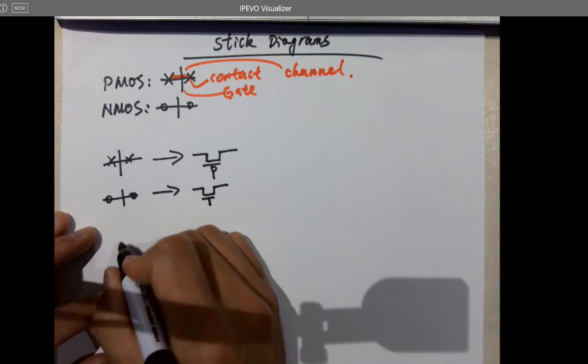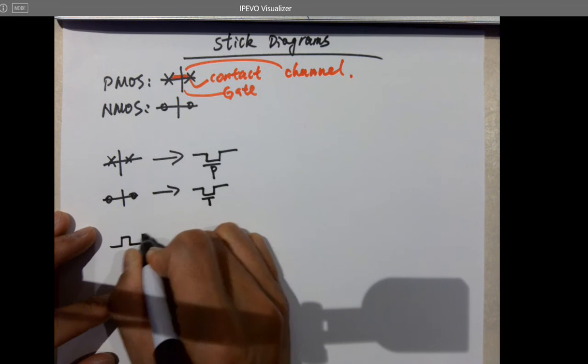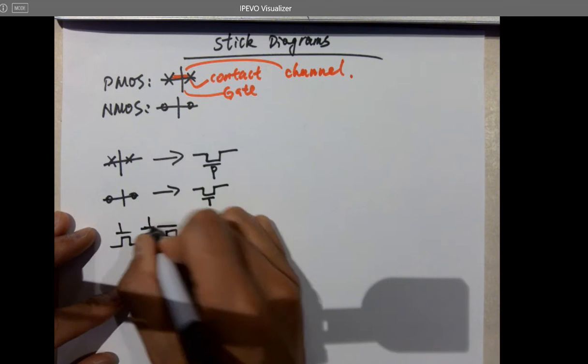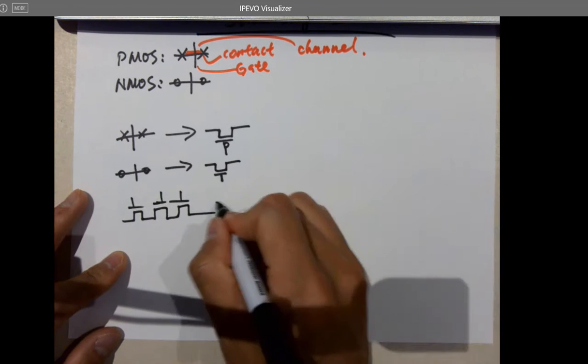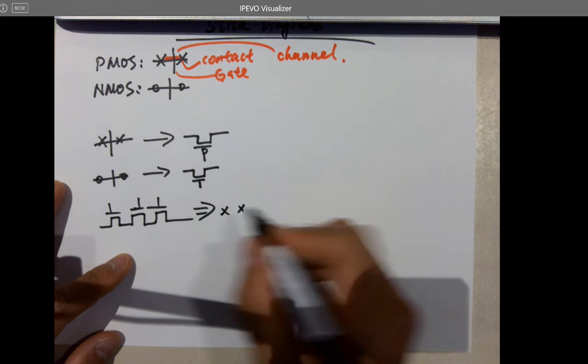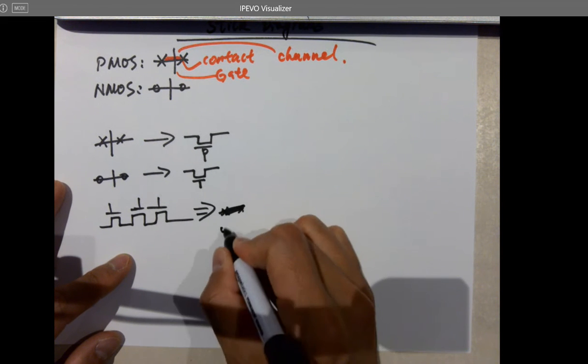So if I got 3 NMOSes in series, you can draw it as, that's wrong, that's PMOS, right? NMOS.